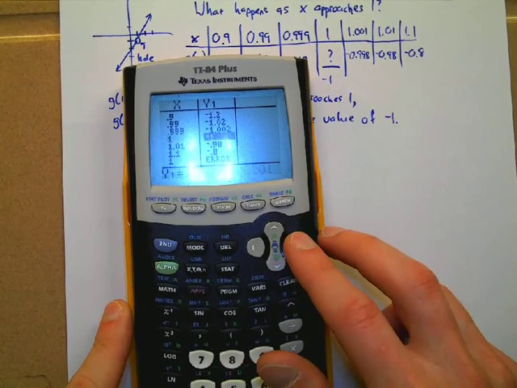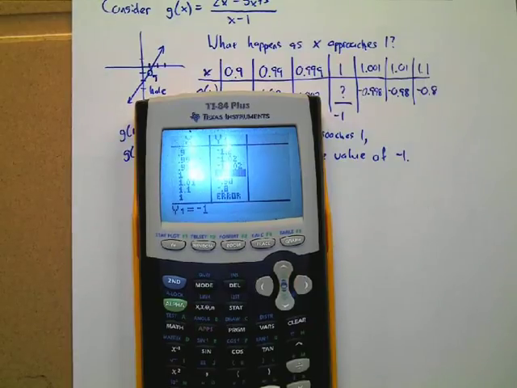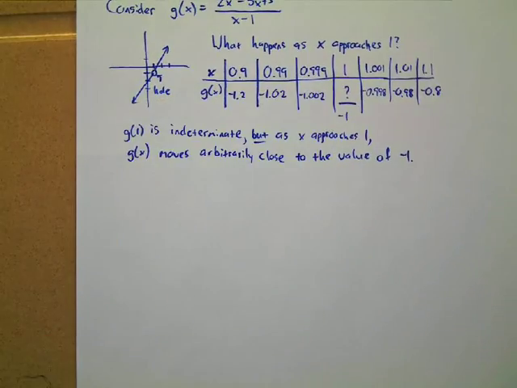It's the value of the function as you approach a particular x value. Okay, so let me give you the official mathematical definition here. That's the concept of a limit.